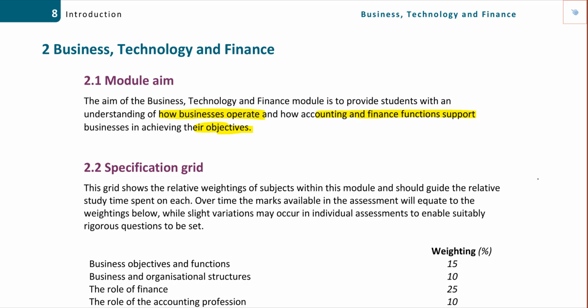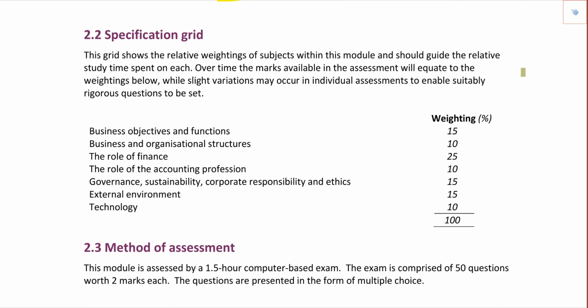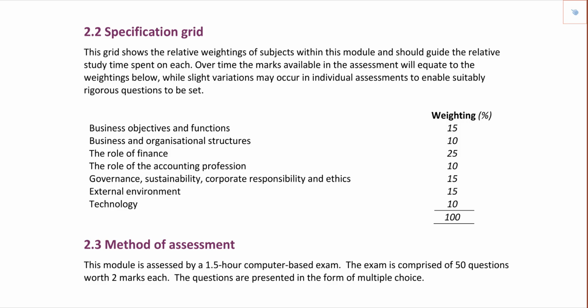The next little bit we've got here in our notes is what's known as a specification grid. This shows us all of the topics that are going to be examined in this paper, and it gives us the relative weightings that they're going to appear under in the exam.